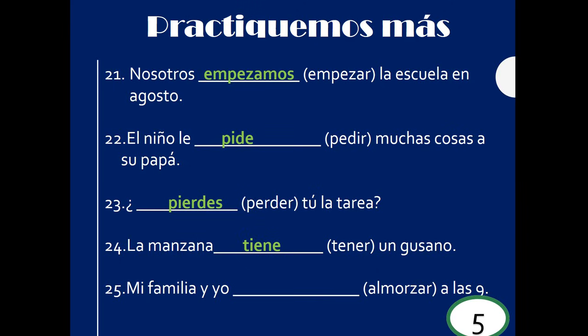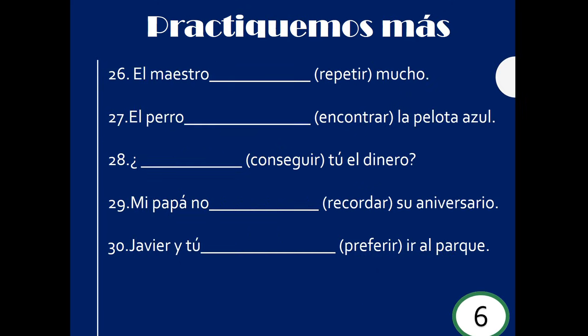La manzana tiene un gusano. Ew. Y 25. Mi familia y yo almorzamos a las 9. Again, remember, anytime you see an y, yo, it's more than likely a nosotros. So my family and I, we eat breakfast at 9. And again, nosotros, no stem changers.